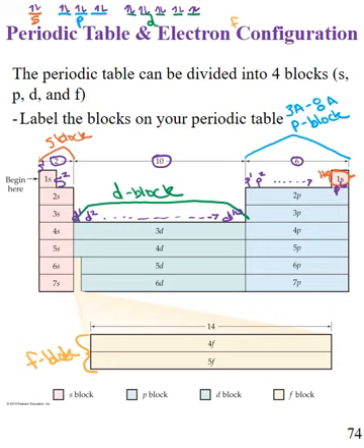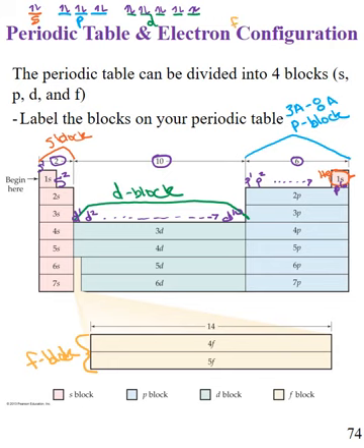My first shell is 1, and that subshell is S, so 1s2. Then starting with lithium, that's in the second shell, so I have a 2, and I keep filling all the way up to phosphorus. Remember, phosphorus has 15. So I need to completely fill the S, so it has 2s2.